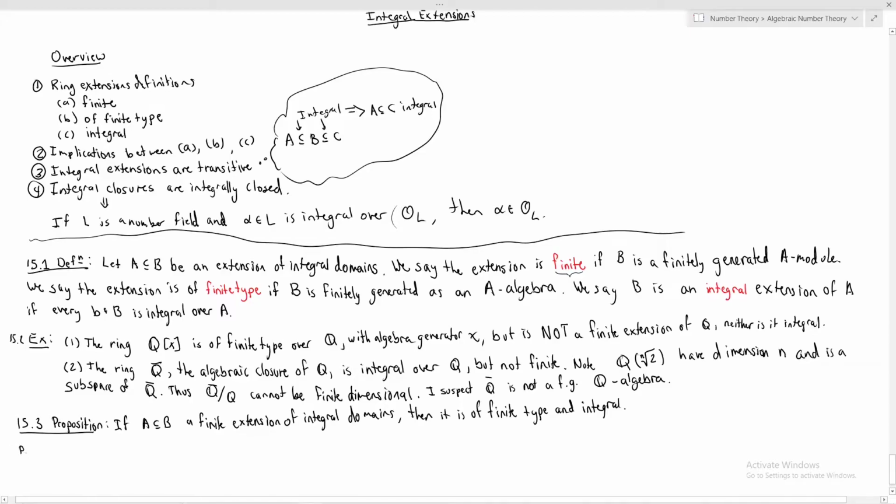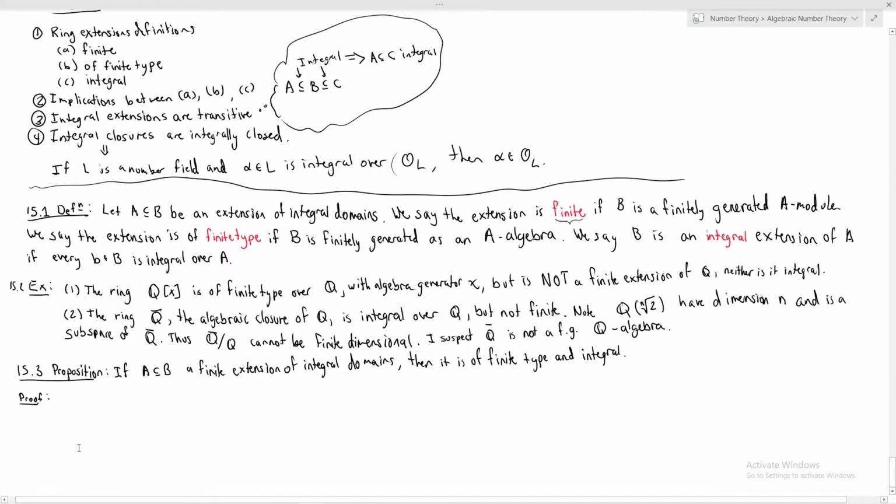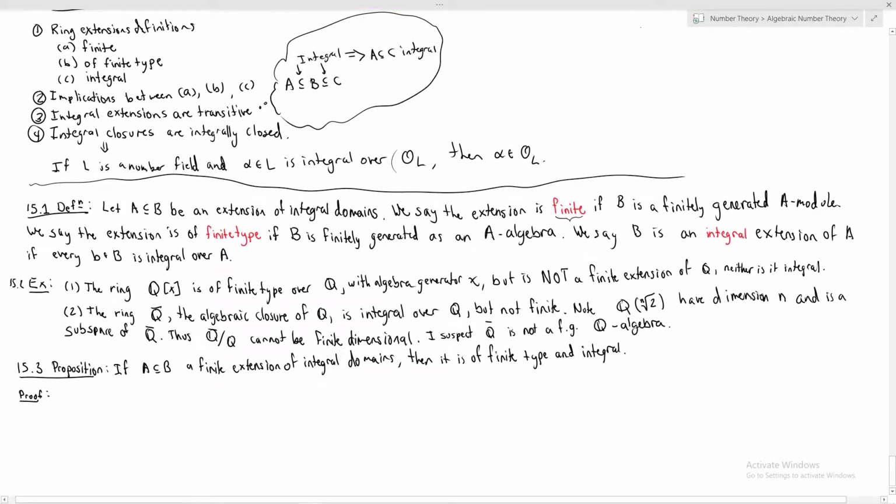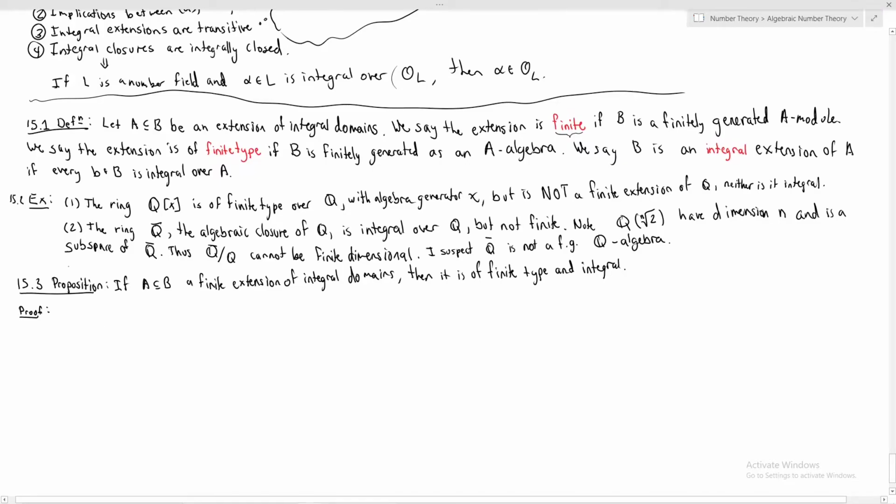So let's go ahead and prove this. And yeah, so it turns out this is going to be an if and only if. This direction is a little bit easier than the other direction. So we'll prove this direction first. The fact that B is of finite type over A is pretty easy.